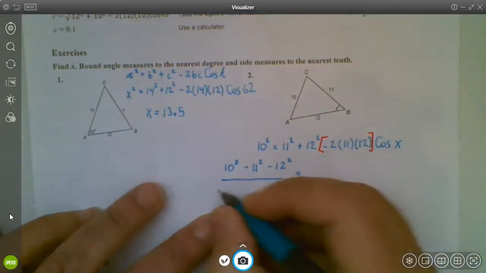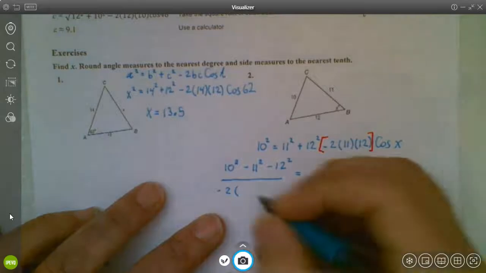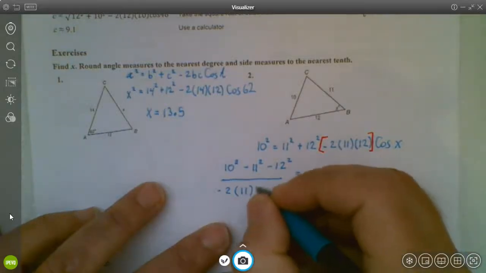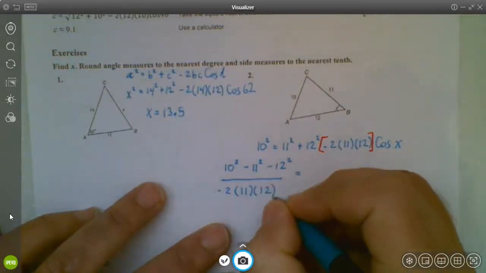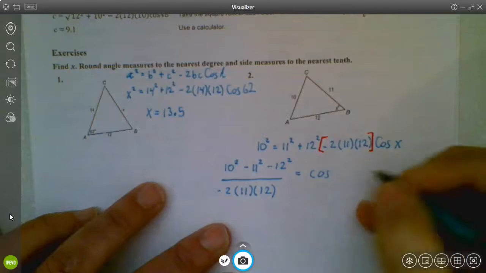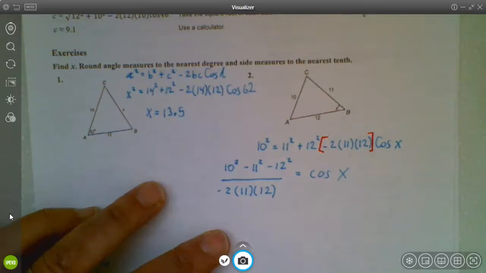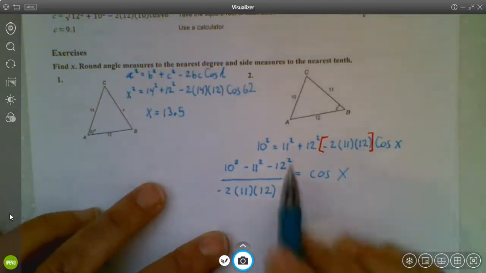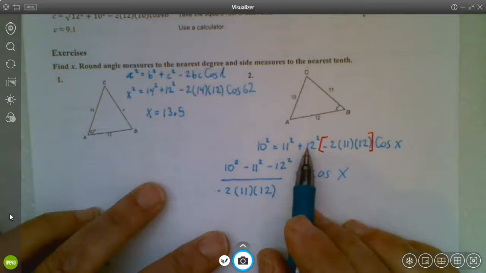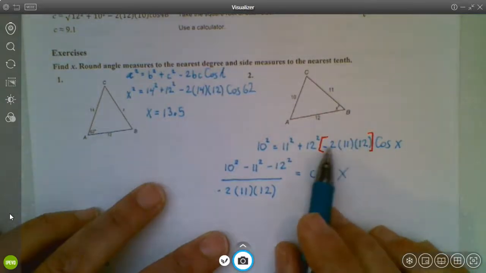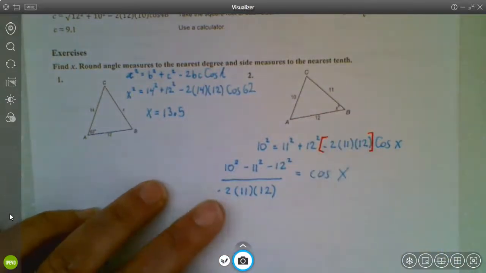So I'm dividing the negative 2, 11, 12 over to this side in order to isolate the cosine. So there was kind of the algebra. It's like 2 steps in order to get the cosine function by itself. So I had to subtract both of those, and then I'm going to divide by this number. And so that's what you're seeing on this side.